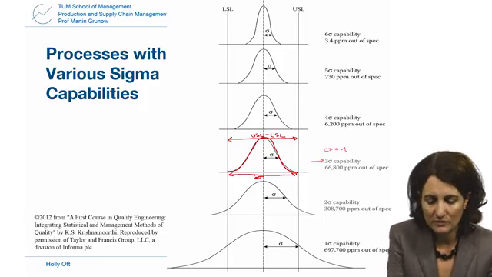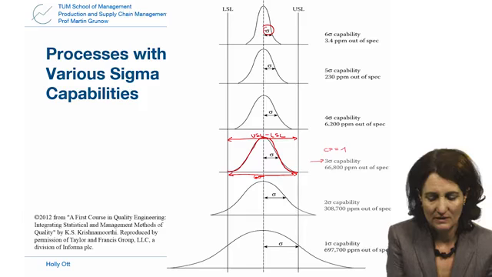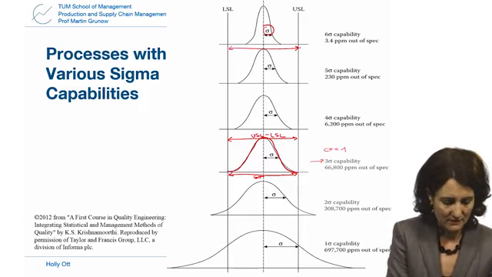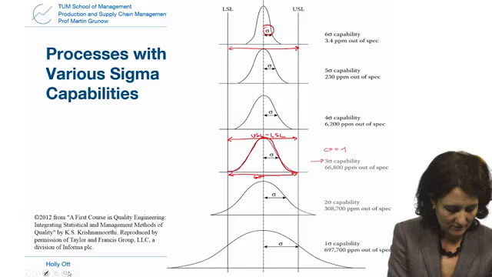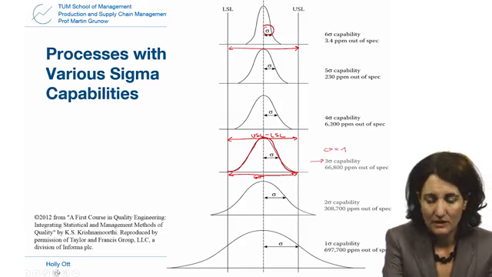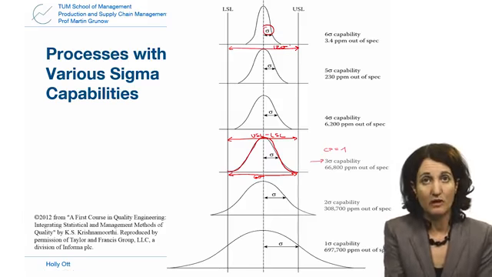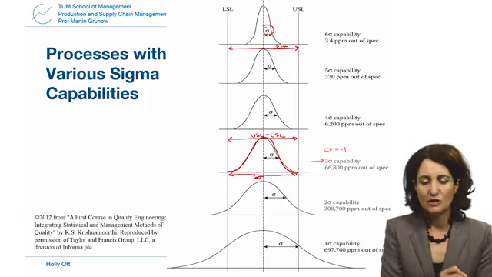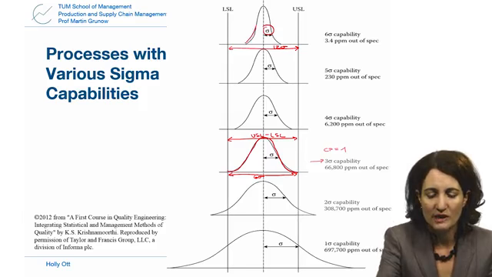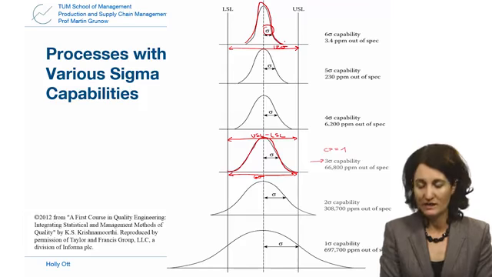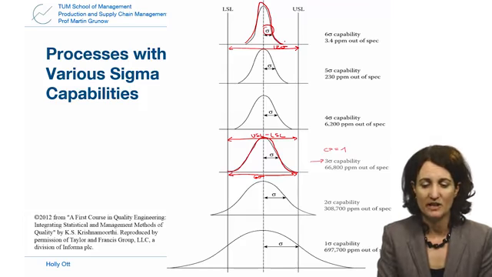As you reduce the sigma from your 3 sigma level, you end up having 12 of the improved sigma between the upper and lower spec limits. And so what you can see is that your curve is becoming more narrow and more tall, and it fits much more easily between those 2 specification limits.